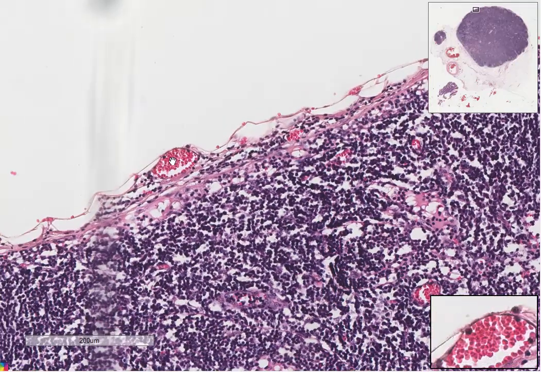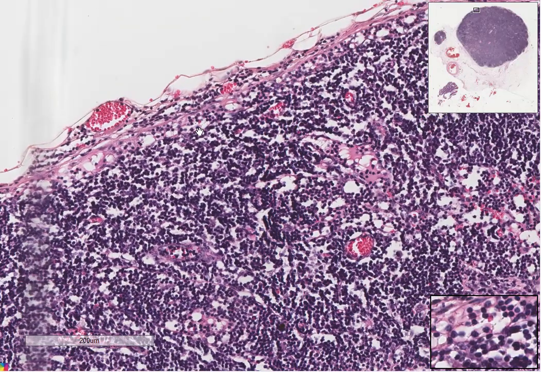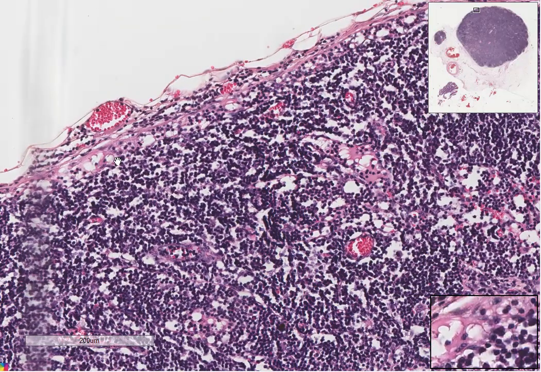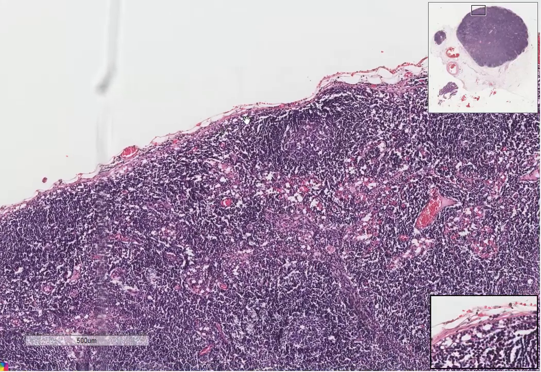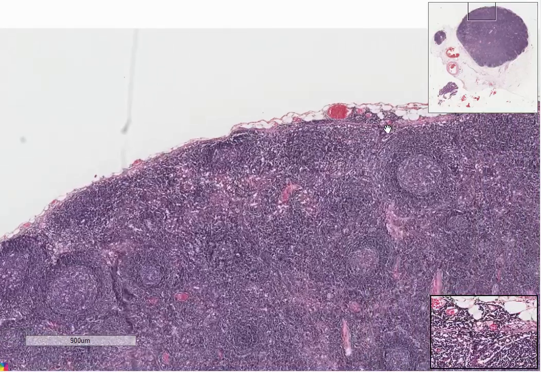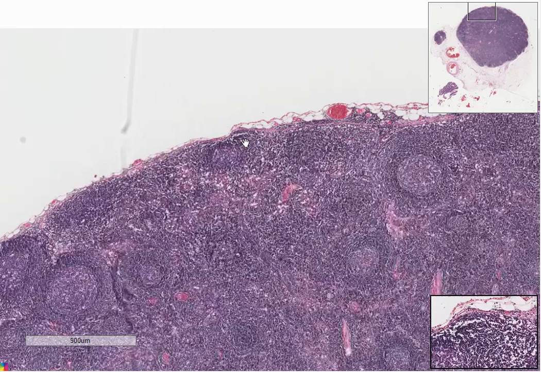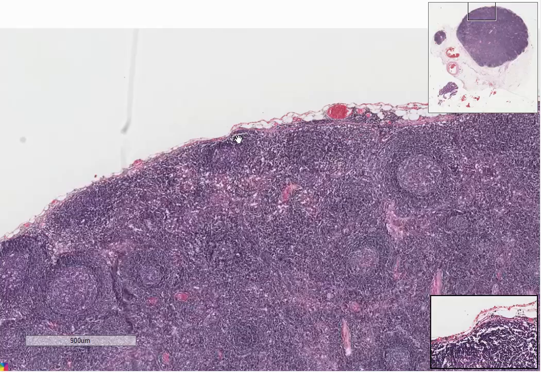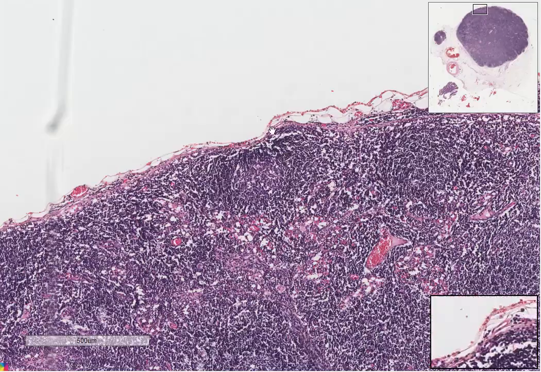And here is probably an afferent arteriole bringing in blood here. And in this area, there's what we call a subcapsular sinus. And usually in metastatic conditions, that's where you get to see irregular cells, malignant cells in this area, usually a first sight.